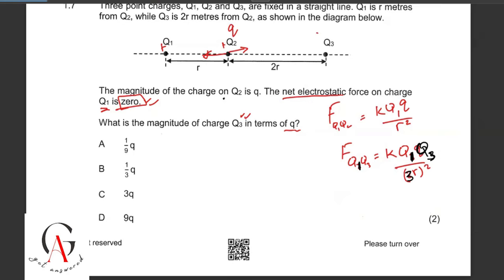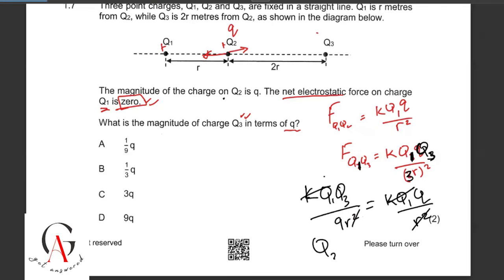Okay, so we're saying K Q1 Q3 over 3R squared, which is going to give us 9R squared, should be equated to K Q1 Q over R squared. Okay, cancel out the K Q1, the K Q1, the R squared and the R squared. When I make Q3 the subject, I'm going to get 9Q, which is option D.